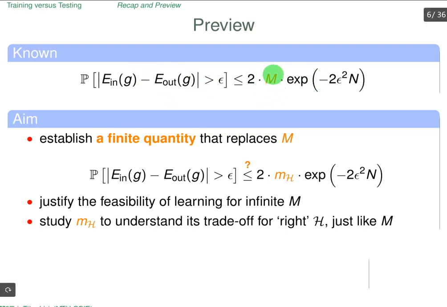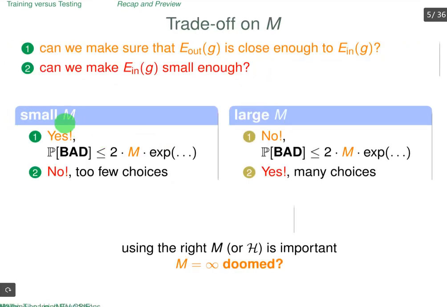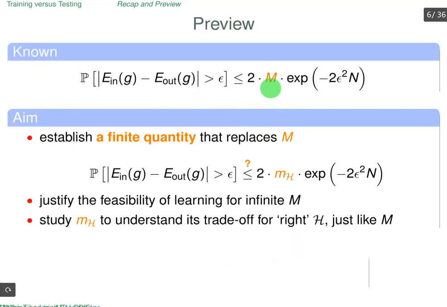So now we really want to make sure that m is a good number, right? We don't want it to be too small or too large. We want it to be somewhere in between. So how can we do that? Our next goal, briefly, will be to establish a finite quantity that replaces m. Is there anything that we can replace m with that will be finite, not infinite, not too big?